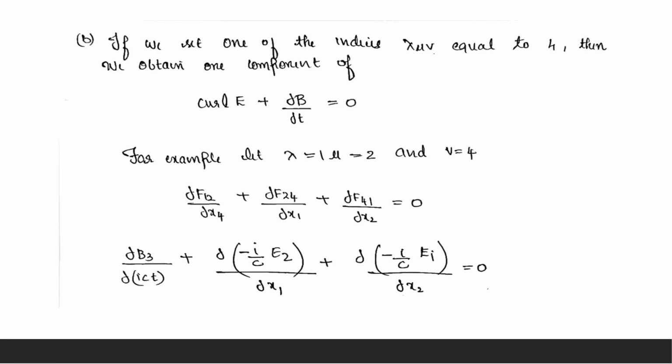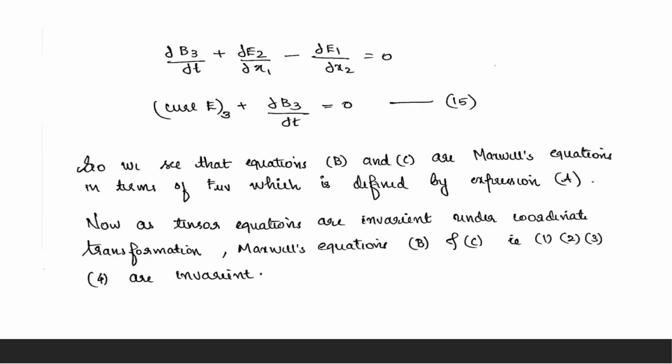So ∂B3 by ∂ into ict plus ∂ into minus i by c E2 by ∂x1 plus ∂ into minus i by c E1 by ∂x2 is equal to 0. Then ∂B3 by ∂t plus ∂E2 by ∂x1 minus ∂E1 by ∂x2 is equal to 0. Curl E3 plus ∂B3 by ∂t is equal to 0, which is equation number 15.